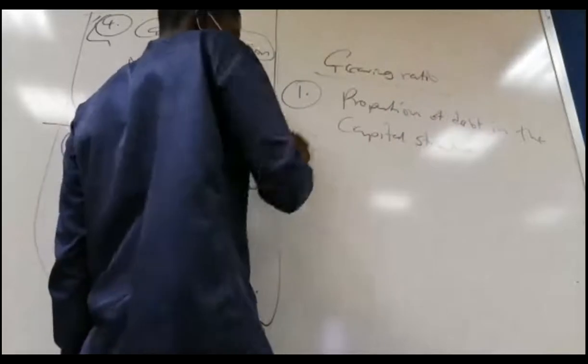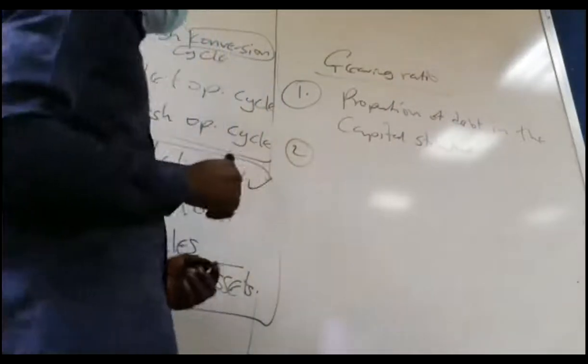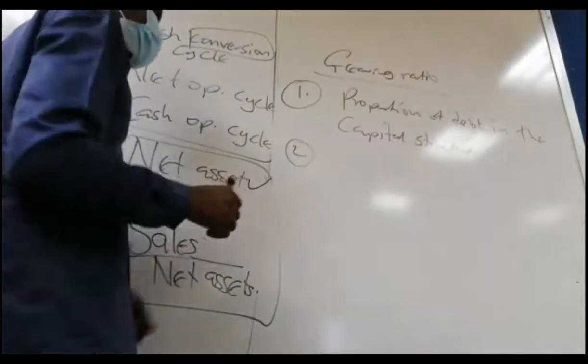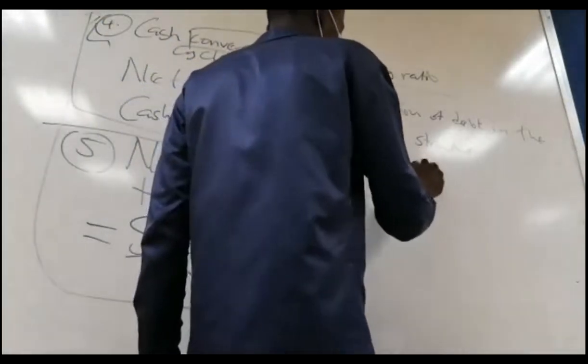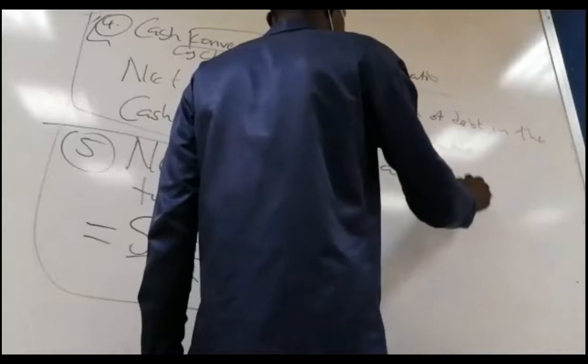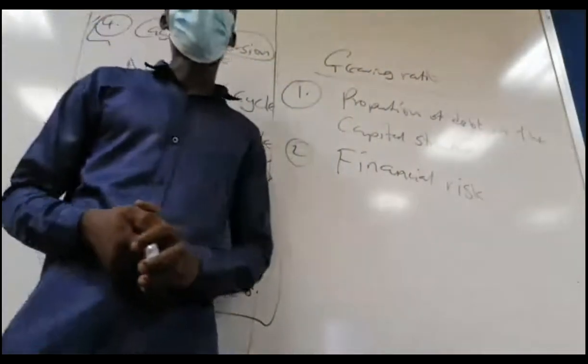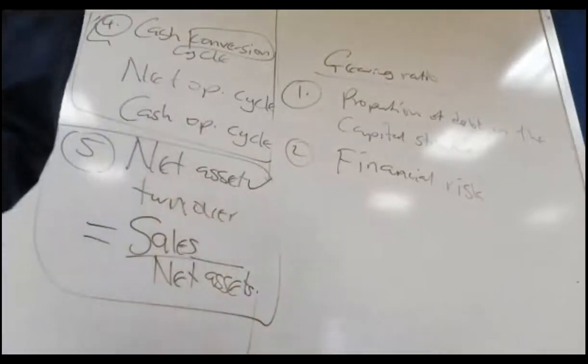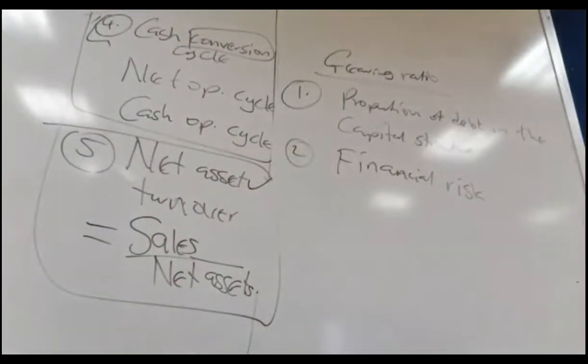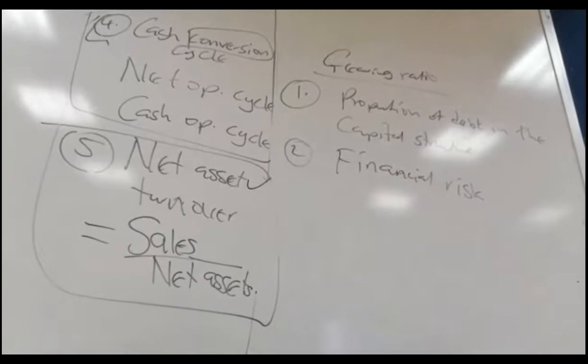Number two, it also measures the financial risks facing the organization. Now, the financial risk is the risk associated with debt. Anybody that has gone for debt, even if it's one city, financial risk is chasing you.